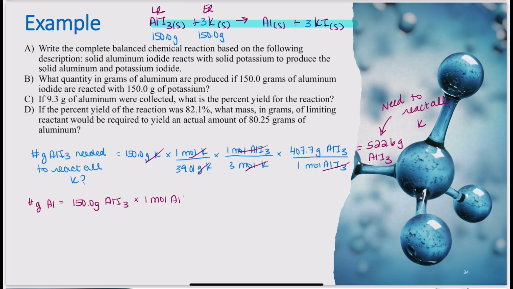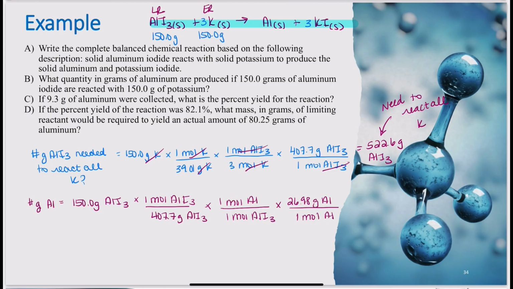So 1 mole of AlI3 weighs 407.7 grams. Based on my balanced reaction, 1 mole of aluminum is produced for every 1 mole of aluminum iodide consumed. 26.98 grams of aluminum to every 1 mole of aluminum.